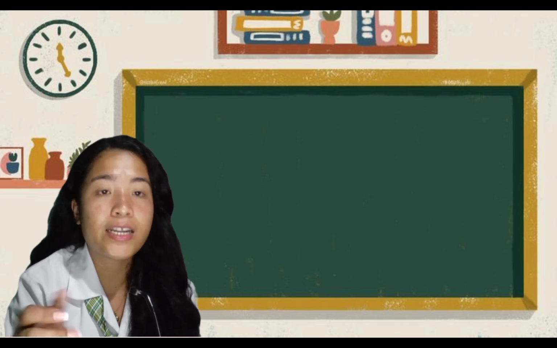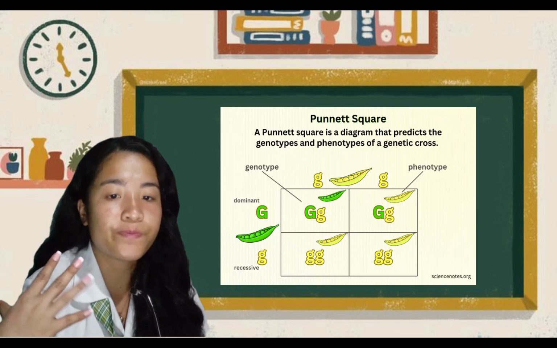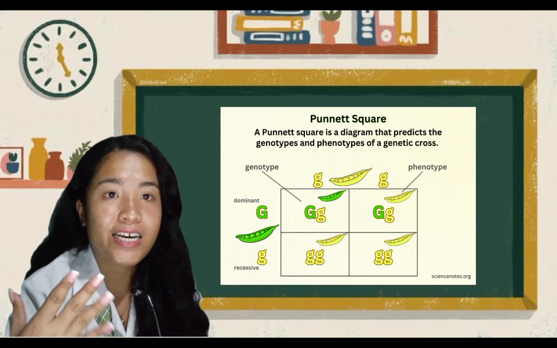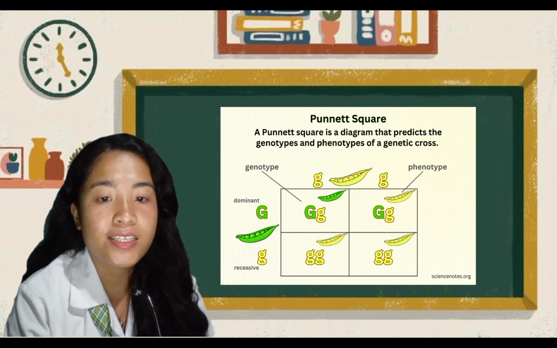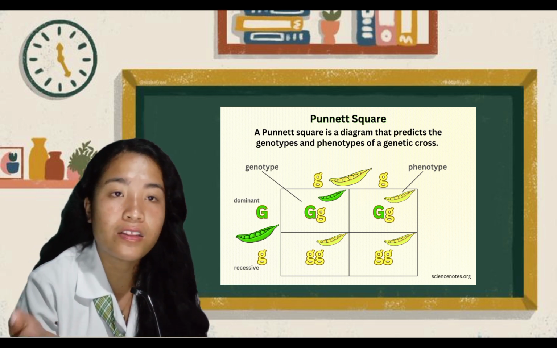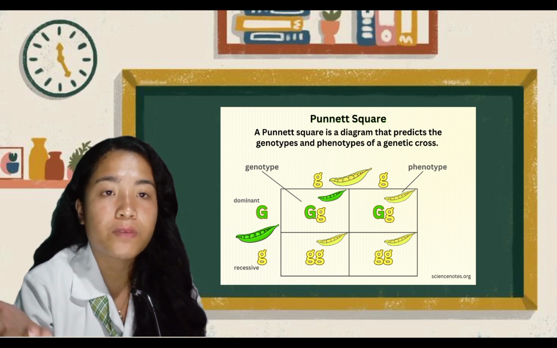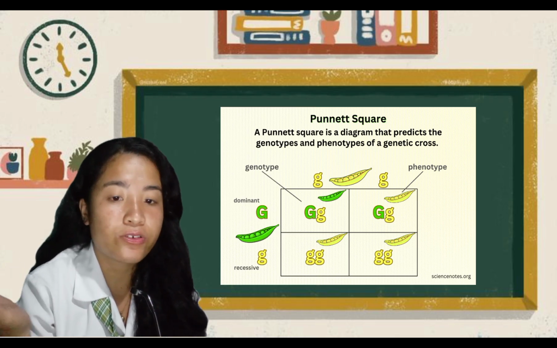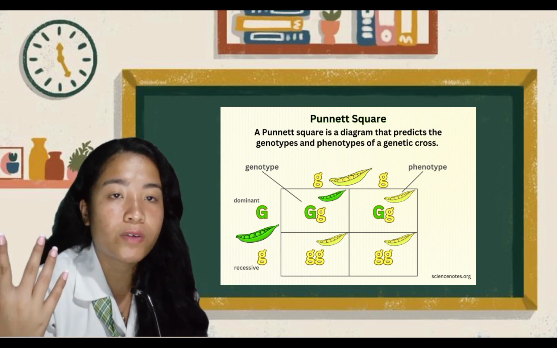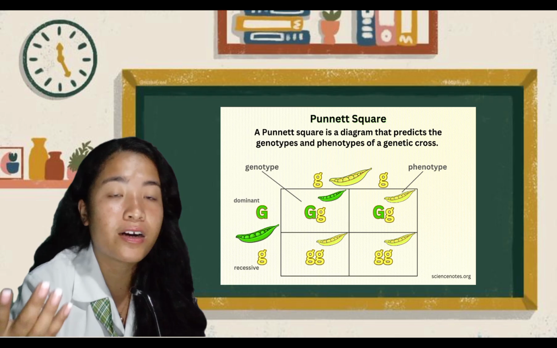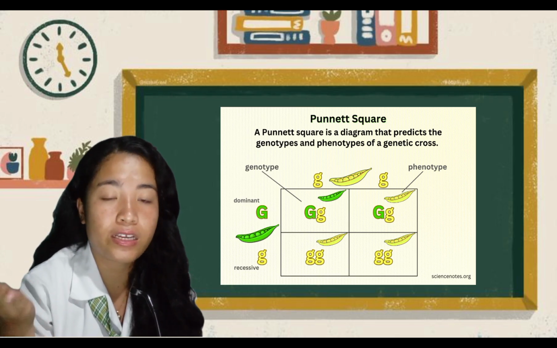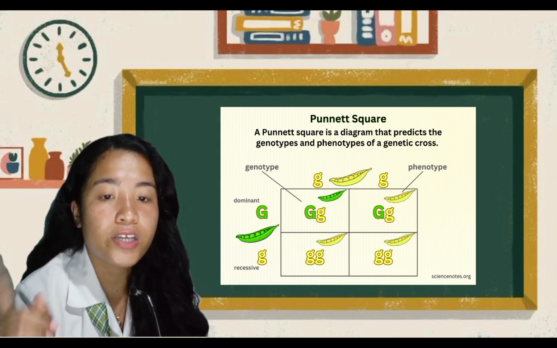Okay. For example, another example, class, is the pea plant. A pea plant that has a green and a yellow color. The green one is represented as big letter G, and the small ones are represented as small letter g, or the recessive.